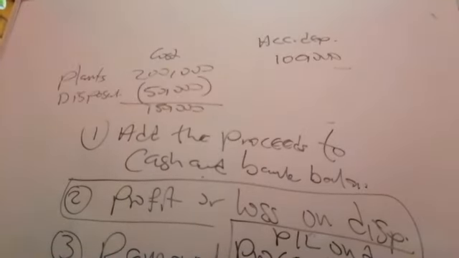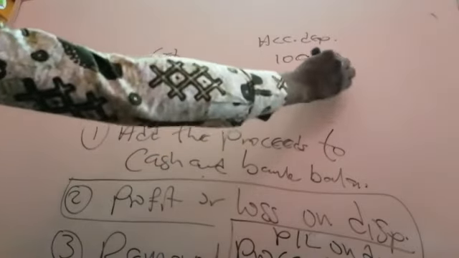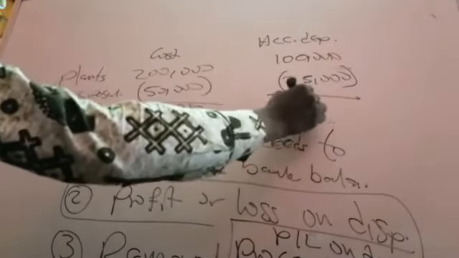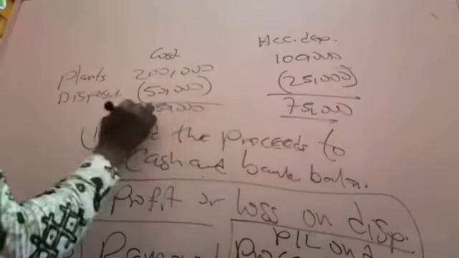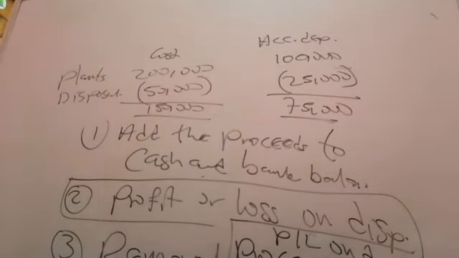Then accumulated depreciation of the disposed asset is assumed to be 25,000. So therefore, the remaining will be what? 75,000. So this is what I mean by the removal. So take all the details of the disposed assets from the entire. Good.